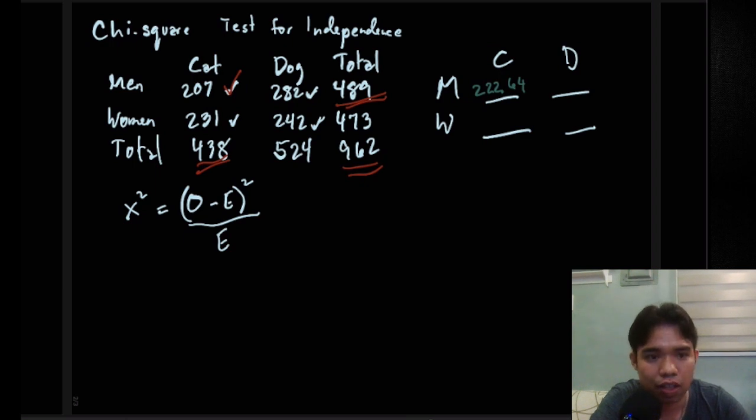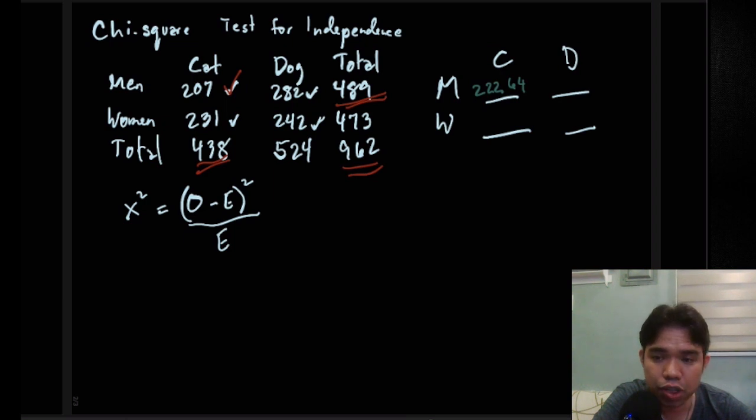That is the expected value, meaning the expected number of men who should prefer cats according to your data, if there is no significant relationship between men and women and cat or dog. Now, if your observed data is different from your expected value, that means there is a relationship. That is what we are trying to know.